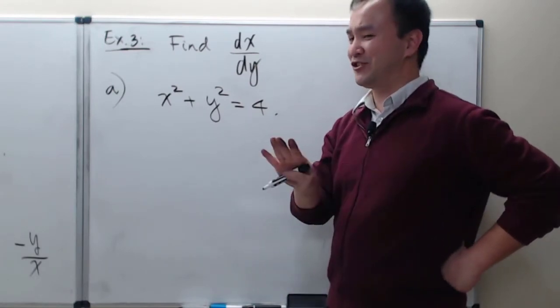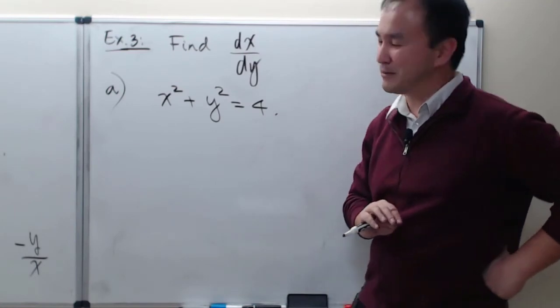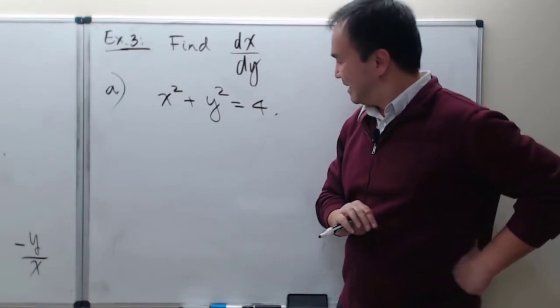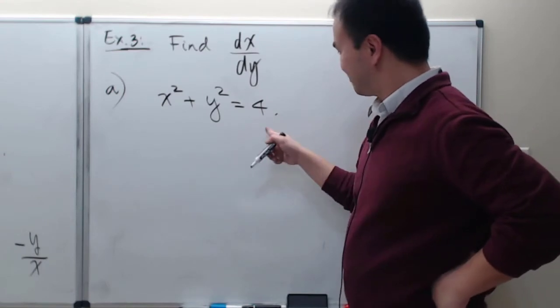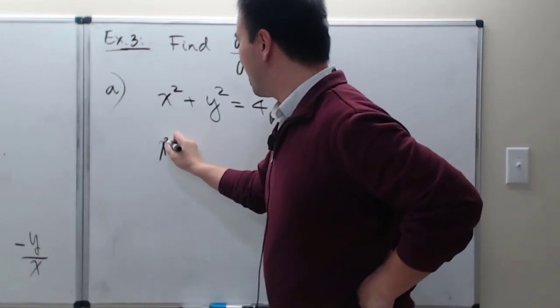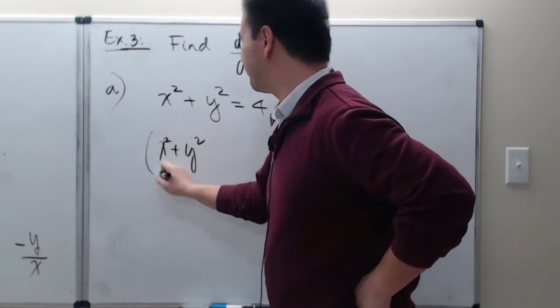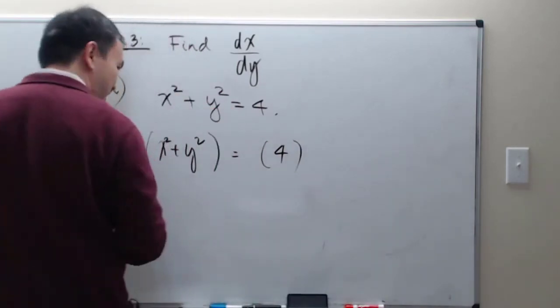It sounds like a joke, but trust me, if you get yourself into this habit, you will get the problem done successfully. So x is a function of y. Now it's an equation, x squared plus y squared. Once again, we can take the derivative, but this time be cautious.